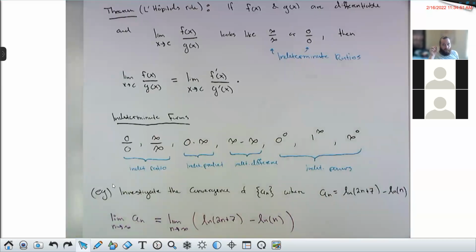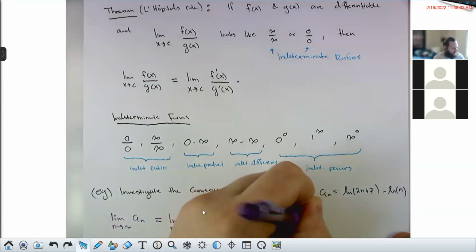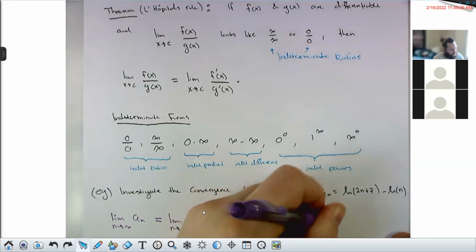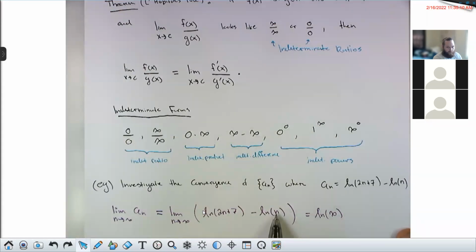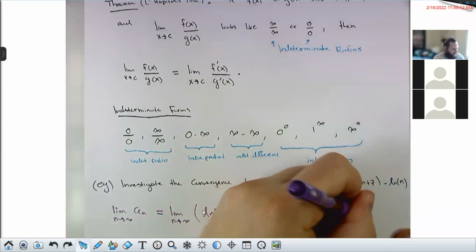Well, as n gets bigger and bigger, going to infinity, so does 2n plus 7. So this inside here is going to infinity, and the natural log of infinity is infinity. And then, of course, n is going to infinity here, so this is also the natural log of infinity.